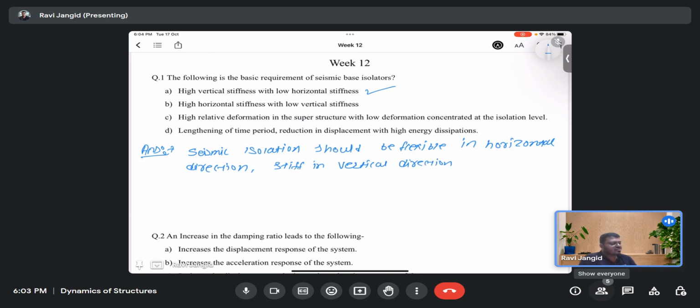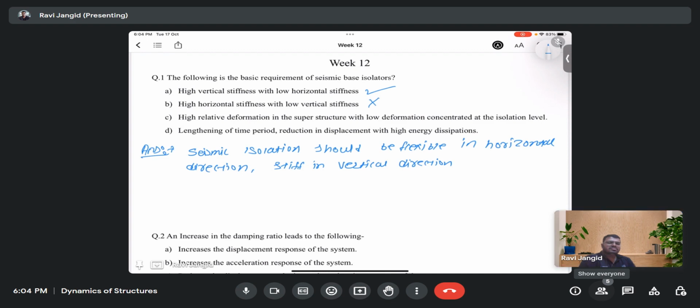High horizontal stiffness with low vertical stiffness? It is not correct, because if we have higher stiffness in the horizontal direction, the structure becomes stiffer, so it won't fulfill the purpose of base isolation. Another option is high relative deformation in the superstructure with low deformation at the isolator level.